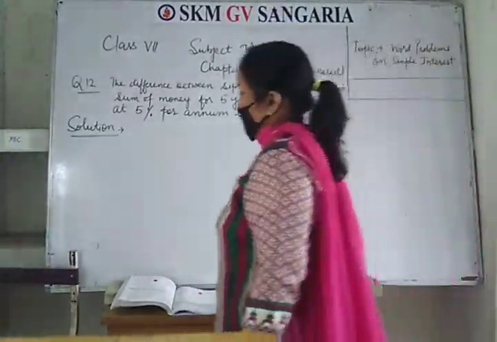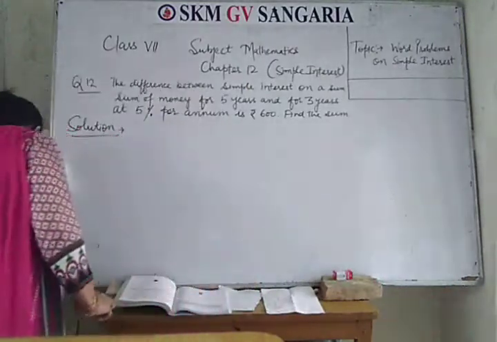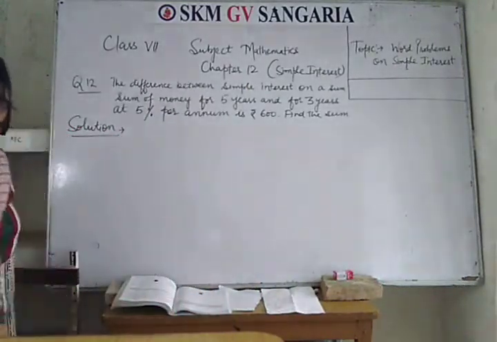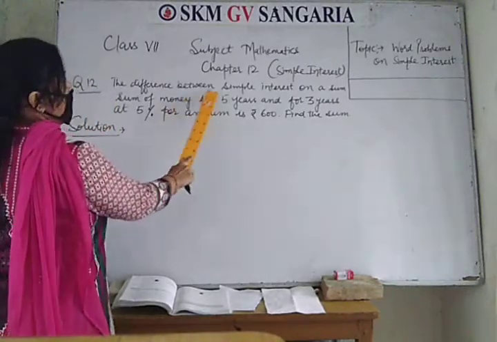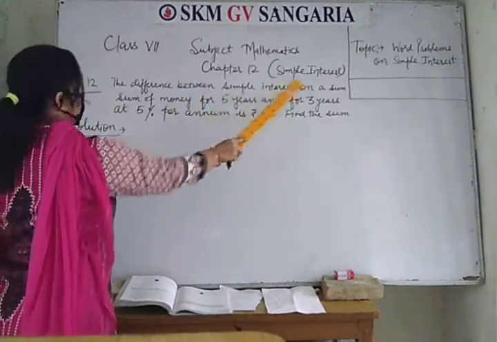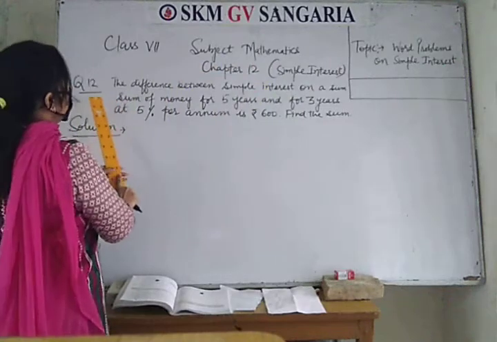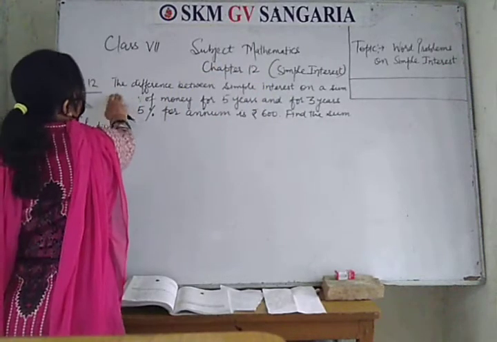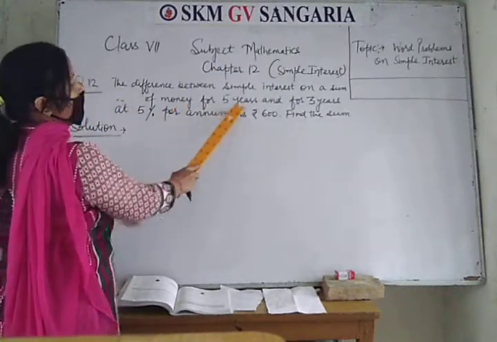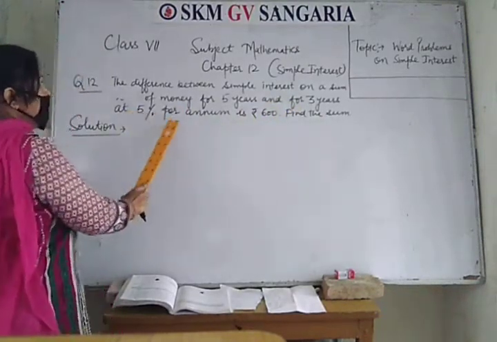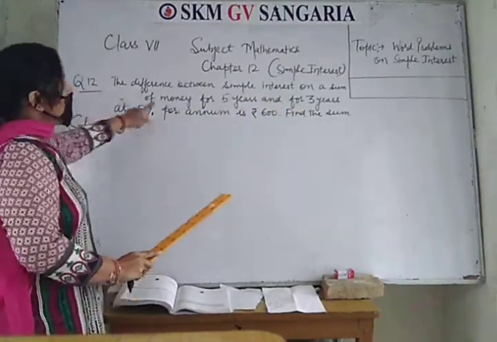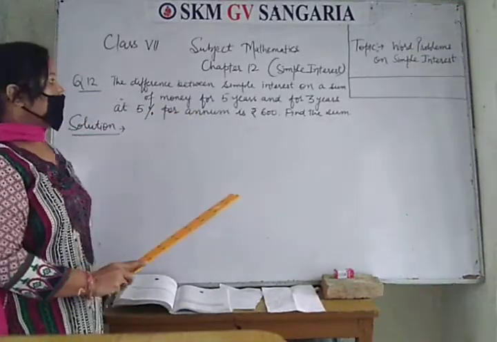Okay. So, the question is here. The difference between simple interest on a sum of money for 5 years and for 3 years at 5% per annum is rupees 600.